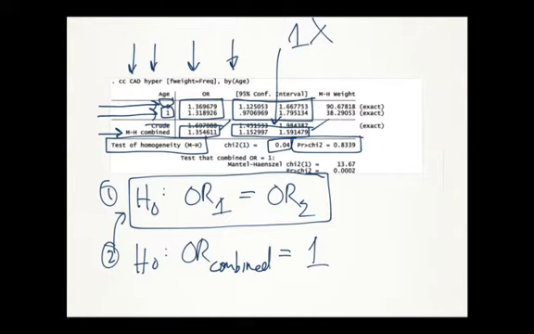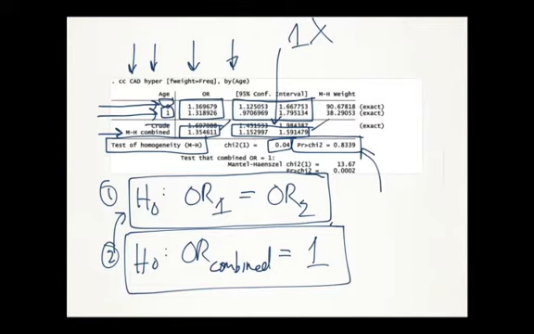And remember, for a single table, we used the chi-square statistic, which took the observed counts in each cell of the 2x2 table, subtracted the expected count, squared that, and divided by the expected. Well, how can we extend that for multiple tables? Just to be clear, we're now in step 2. We've combined our odds ratios because we determined it was okay to combine based on this p-value.